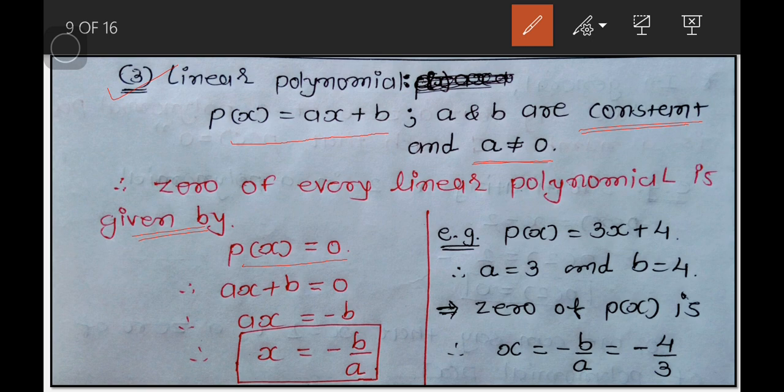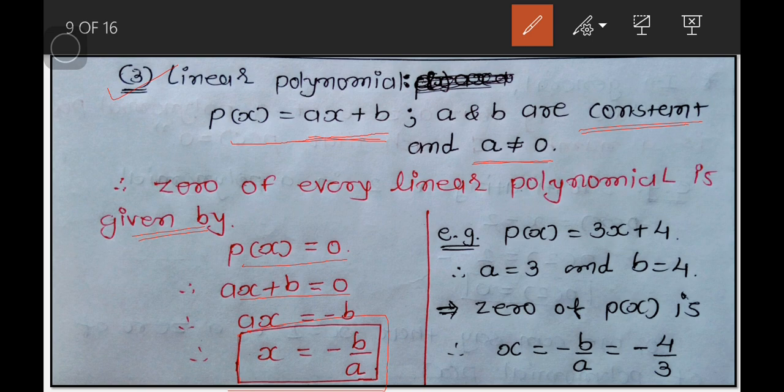Here p of x is equal to ax plus b, so we put ax plus b is equal to 0. Then we get ax is equal to minus b, and at last x is equal to minus b by a. This value is the zero of every linear polynomial.